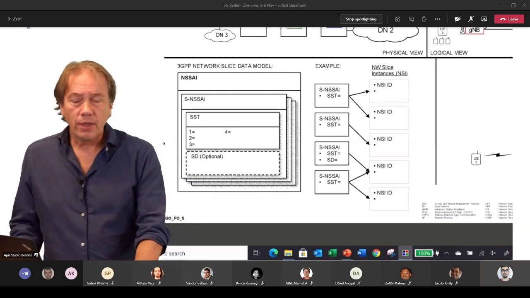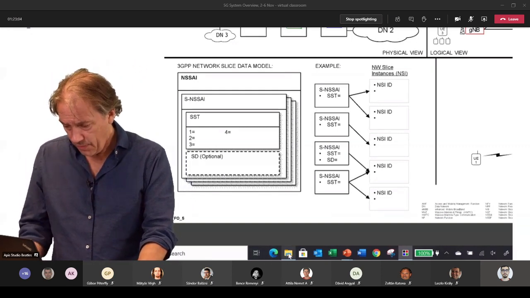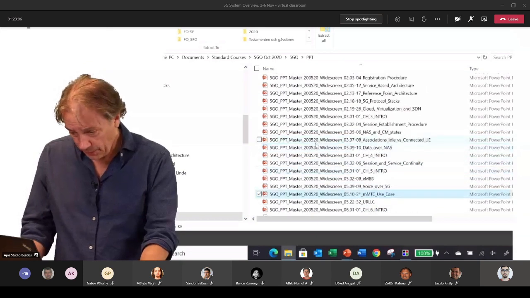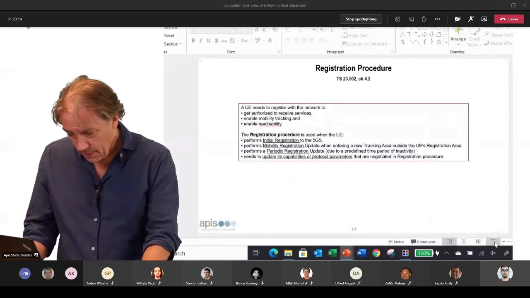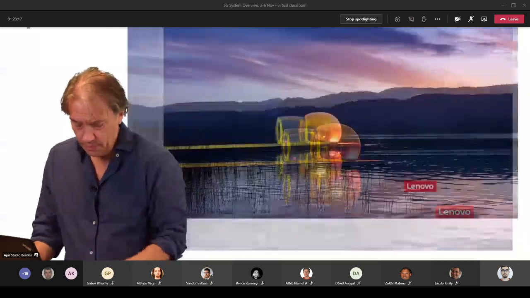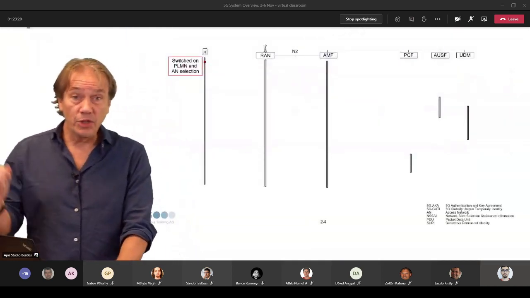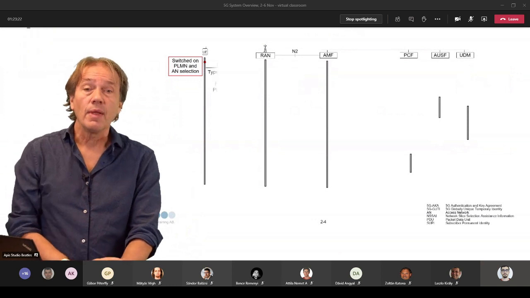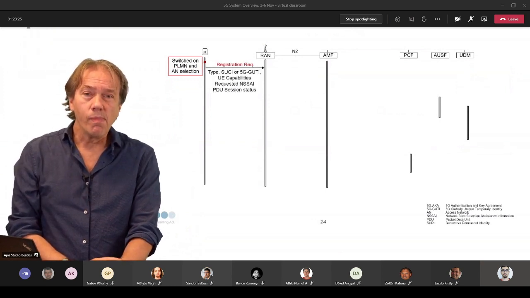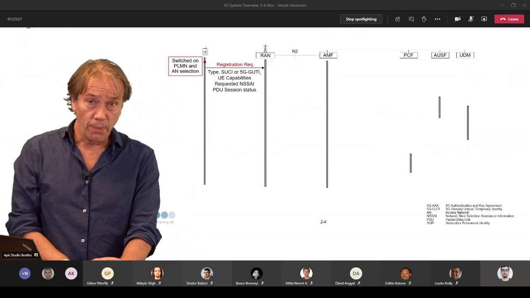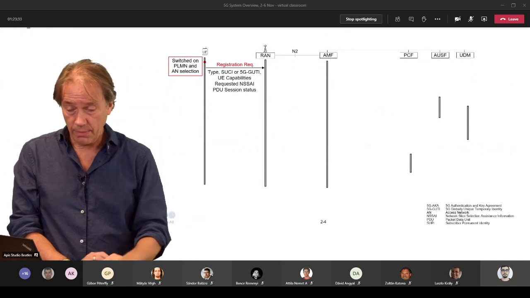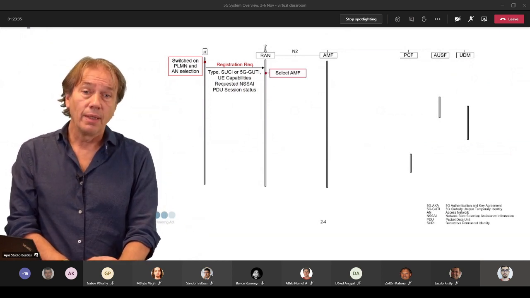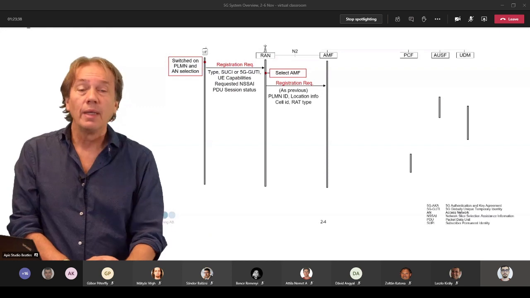Let's go back and take a look at an old PowerPoint. The registration, and when a user equipment registers, it will send a registration request. It will go to the radio access network. It will continue into the core network.